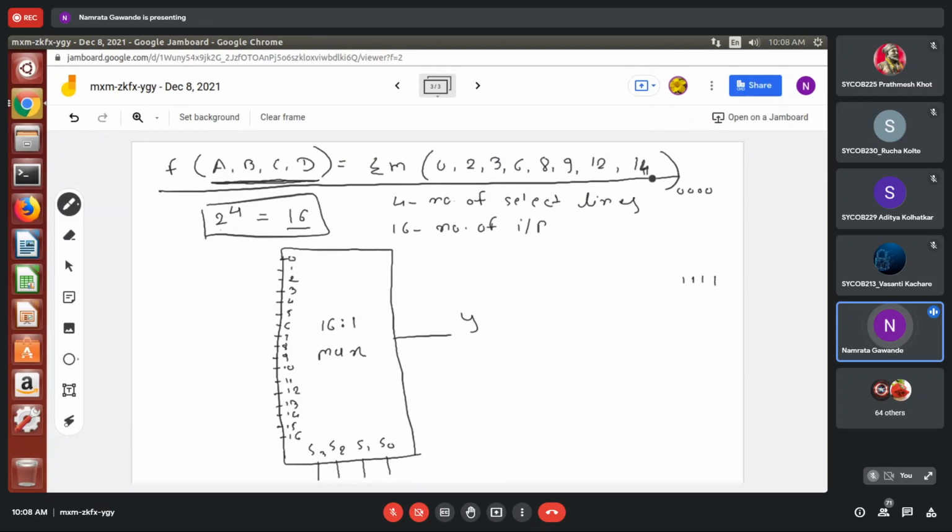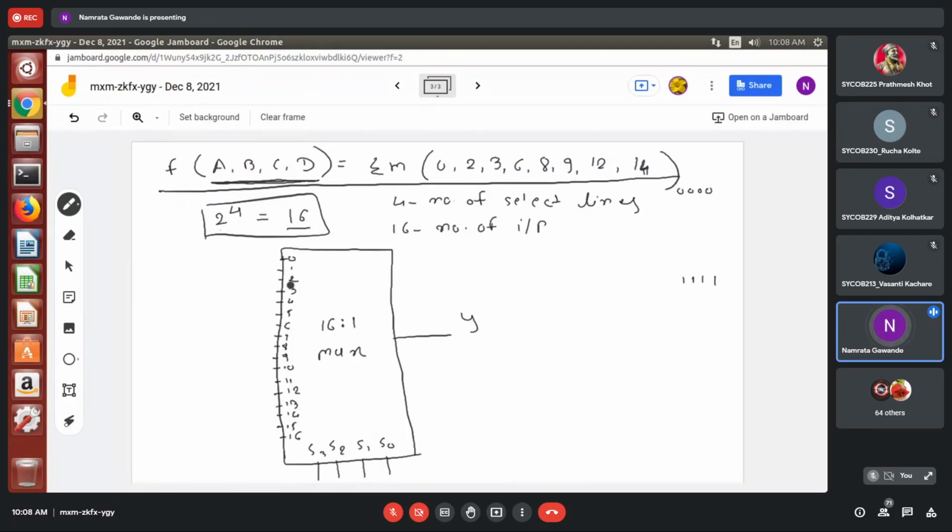As you can see, these minterms are provided. Those minterms should be selected as logic 1. There are four variables, so a multiplexer with four select inputs is required. Now here you can see 0, 2, 3, 6, 8, 9, 12, and 14. While drawing a K-map, we have seen that for the given minterms we need to insert a 1 in the K-map.